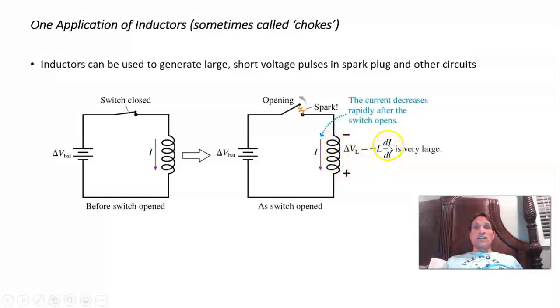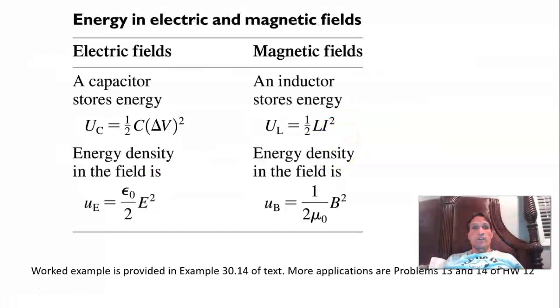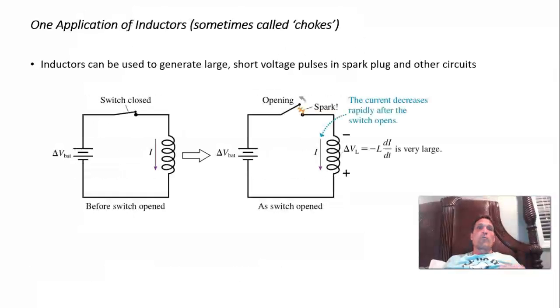And if dI/dt is very large, meaning you turn it off almost instantaneously, you can get a huge voltage across the coil. That's used in spark plugs and other circuits. So that's one application of inductors: when you have a very fast change in current, you can get huge voltages across this coil. This is sometimes called a choke.